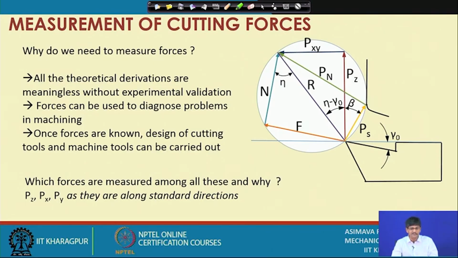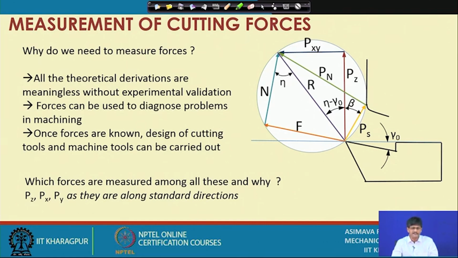So, the machine tool must be present, but in order to make the machine tool present, design has to be done. So, measurement of the cutting forces has to be done in order to design it. That is absolutely essential. That is knowing the forces through experiments in order to use that data for machine design.